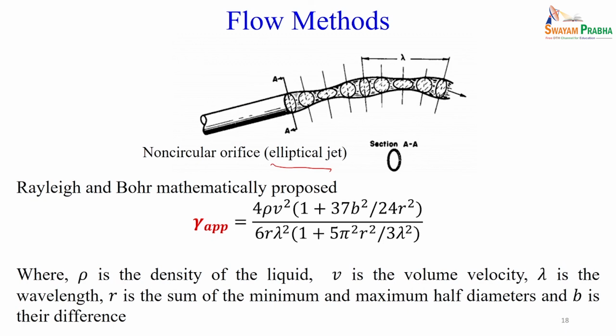So, if you flow the liquid, what will happen? It has an elliptical shape, it will go to the circular shape, then to the horizontal elliptical shape, again back to the circular, then back to its original elliptical shape.